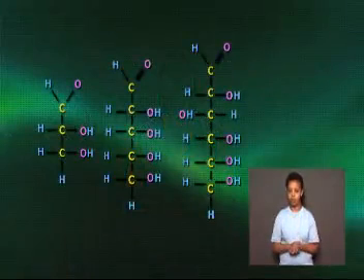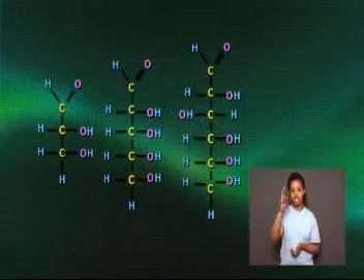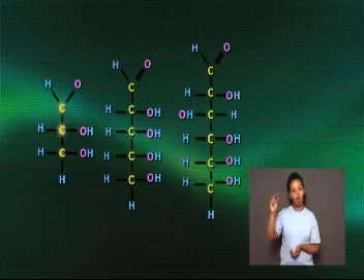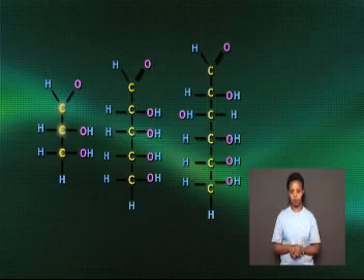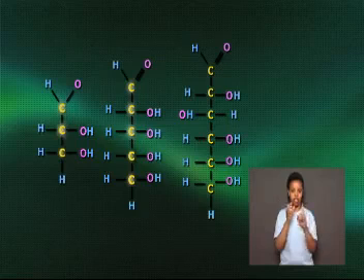A triose monosaccharide contains 3 carbon atoms, and the formula is C3H6O3. A pentose monosaccharide contains 5 carbon atoms, and the formula is C5H10O5.